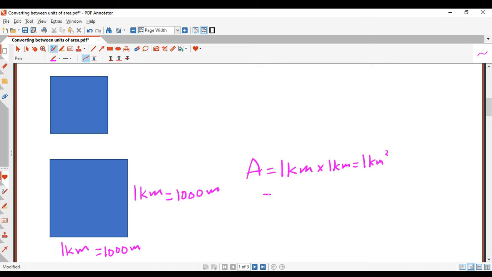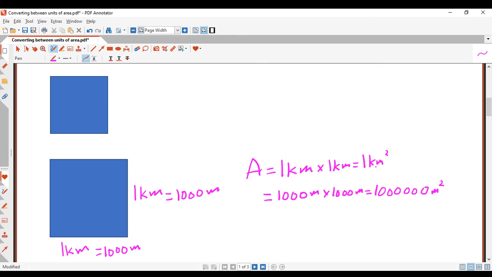Now we know a kilometre is 1,000 metres, so I could also write that this is 1,000 metres times 1,000 metres, which is equal to, well, 1 with 6 zeros, 2, 3, 4, 5, 6 square metres.